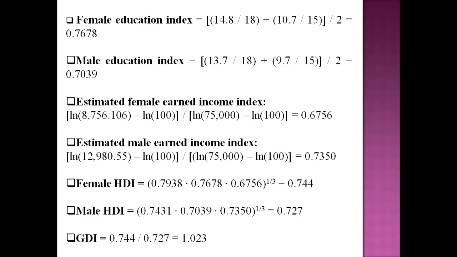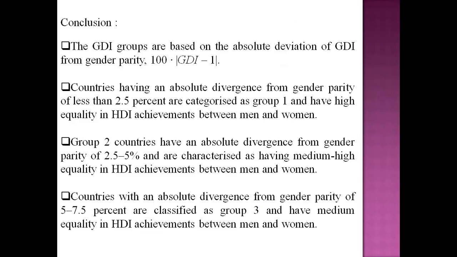If we multiply by 100, we get the percentage, 2.3%. This implies that there is a negligible inequality problem in these three indicators in HDI.